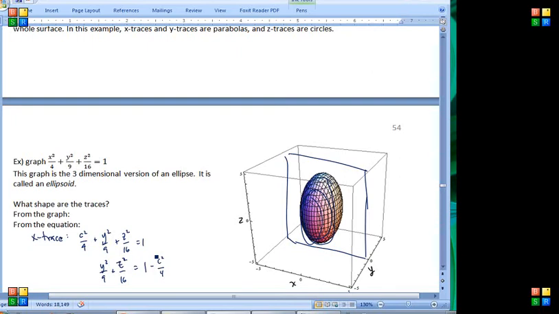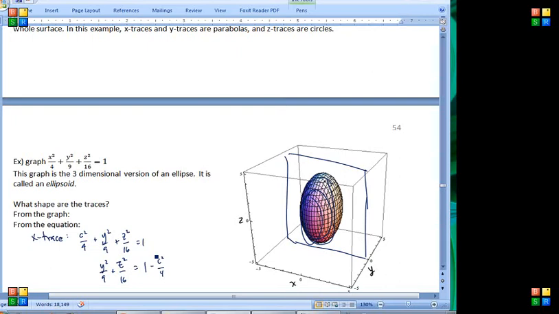So what you could do is multiply both sides by some constant so that on the right side you get 1 again. And now you just have y squared times some constant plus z squared times some constant equals 1, and that's going to be an ellipse. You could actually work it out specifically with the algebra, but at this point we don't need that. We just want to know, generally speaking, what this is going to be.